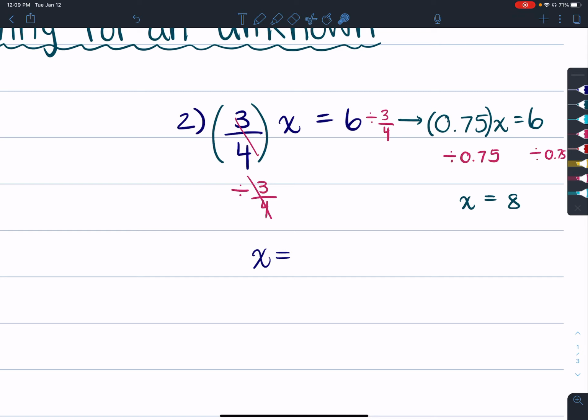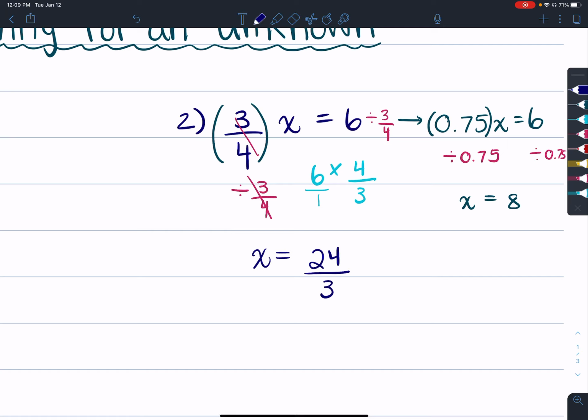When you divide fractions, you have to flip. So this division would change to a multiplication, and then my fraction would flip over. So I'd have 6 times 4 over 3, and that 6 is over 1. Over here, I would get 6 times 4, 24 over 3.